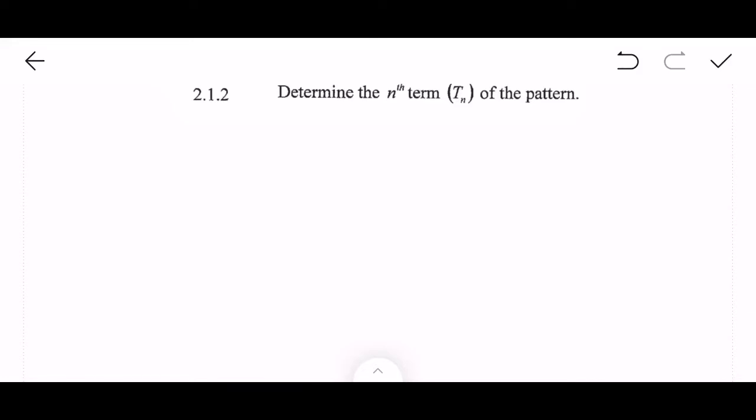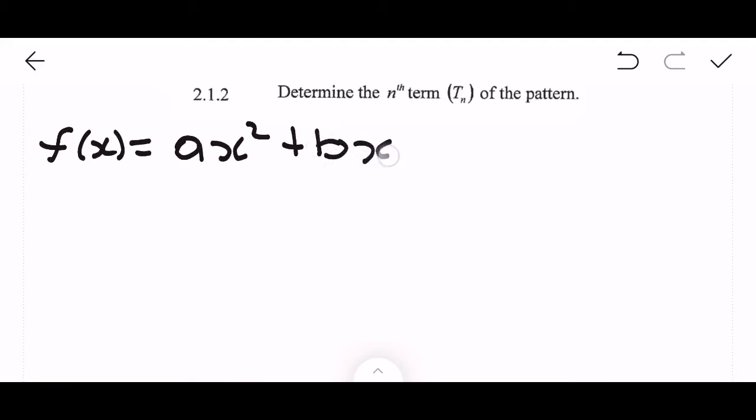As we learned from our first video, the general formula for anything that has to do with quadratic patterns is f of x equals a x squared plus b x plus c.